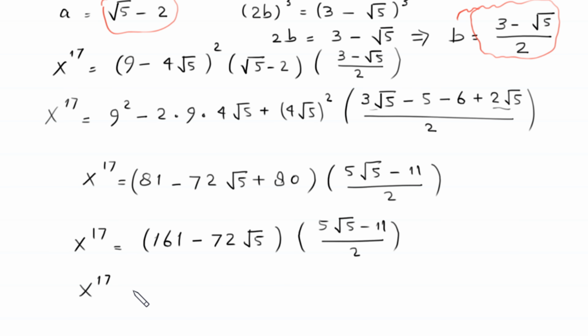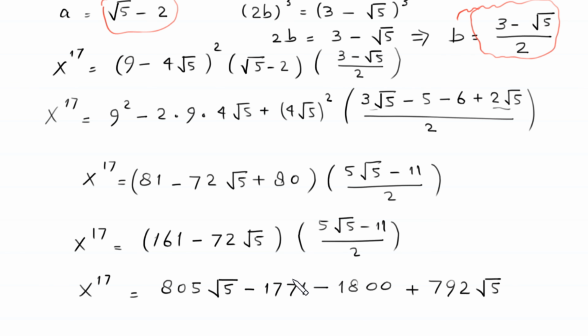Next, x to the power 17 is equal to, 161 times 5 times root 5 will become 805 times root 5, and 161 times negative 11 will become negative 1771, and negative 72 times root 5 times 5 times root 5 will become negative 1800, and negative 72 times root 5 minus 11 times root 5 will become plus 792 times root 5 divided by this 2.